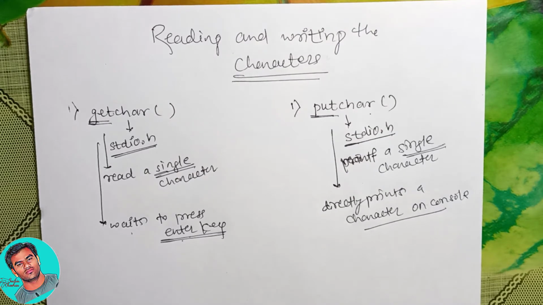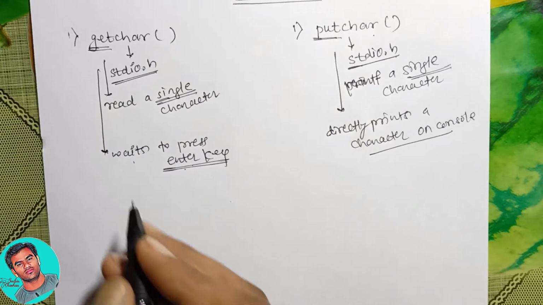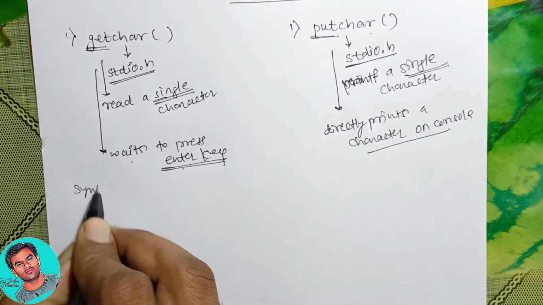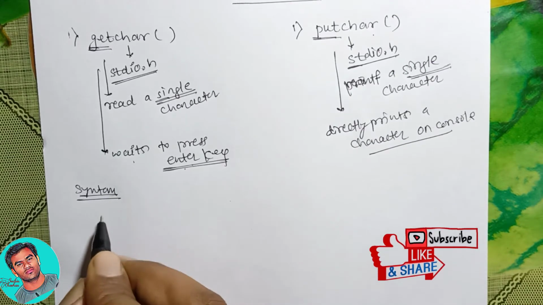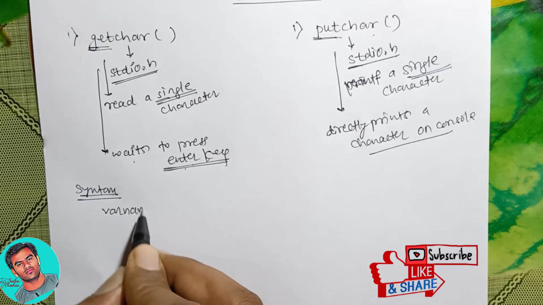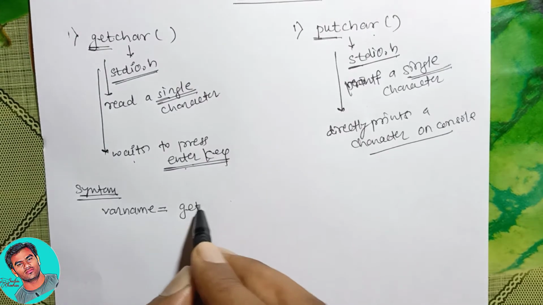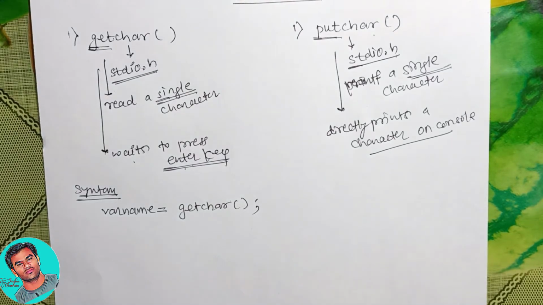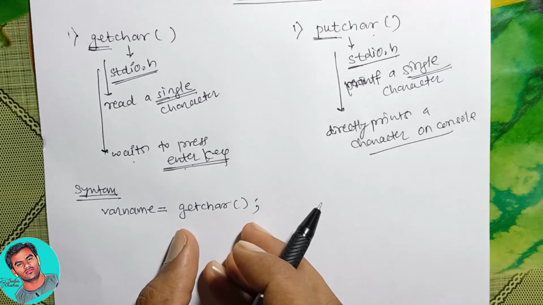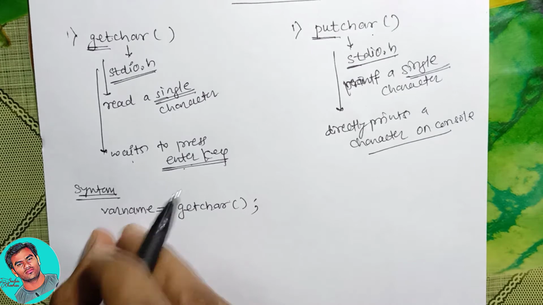Now the syntax for the getchar function is a variable name and the getchar function. That means getchar picks up a symbol from the console and gives it to the variable name.